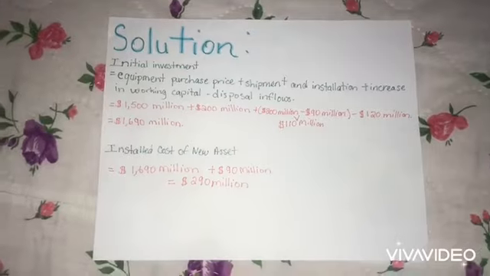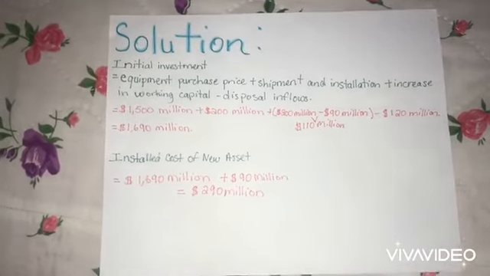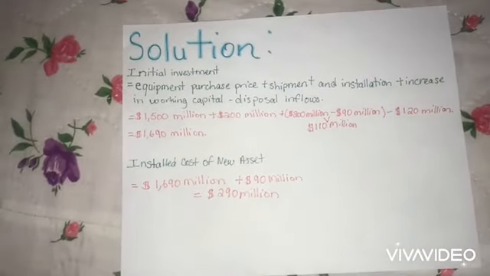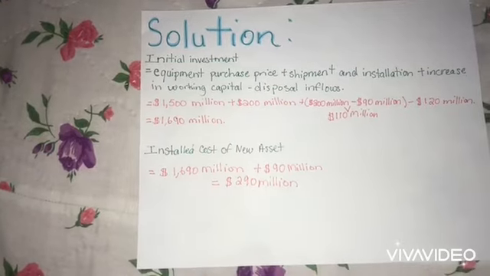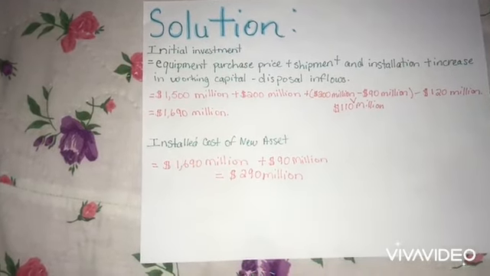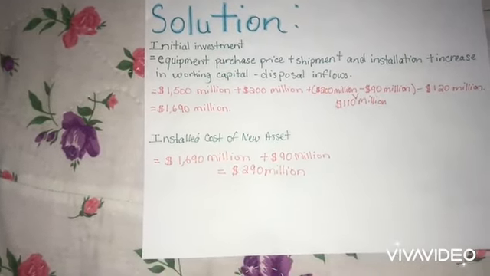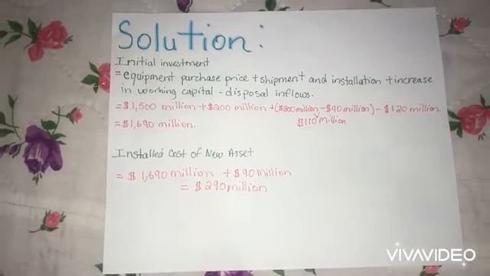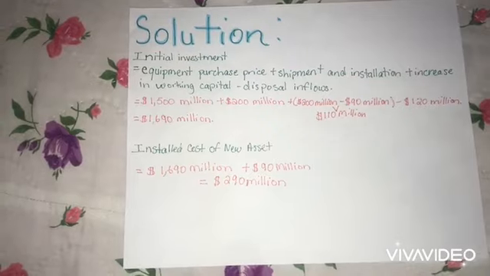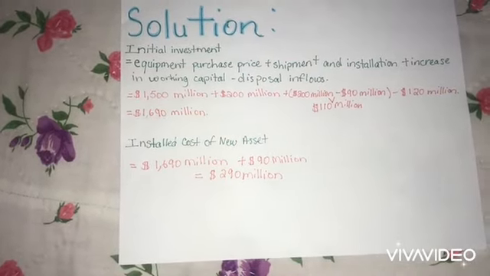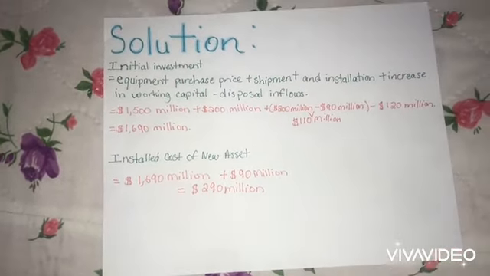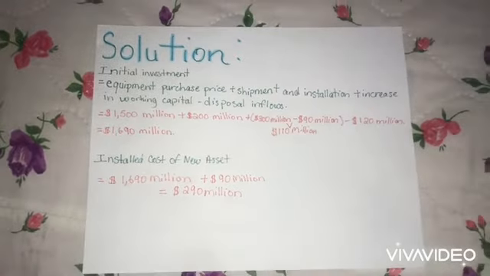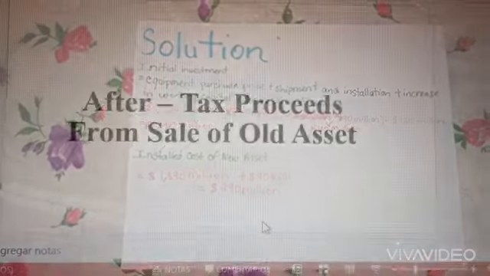Now coming back to our solution, we're going to find the installed cost of the new asset. So the cost of a new asset is 1,690 million plus its installation cost, which is 90 million, and this will equal 290 million, which is the asset's depreciable value. Now that is how you find the installed cost of new assets to get your answer.